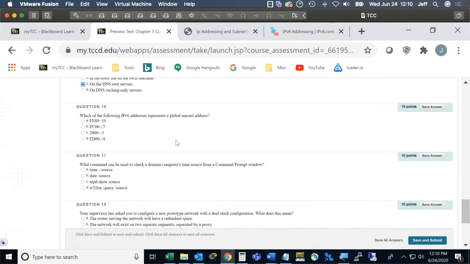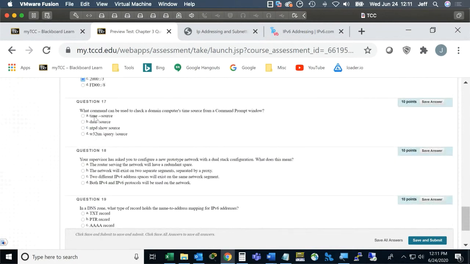Which of the following IPv6 addresses represents a global unicast address? Got nothing on this one. I believe it is C as well. What command can be used to check a domain computer's time source from a command prompt window?